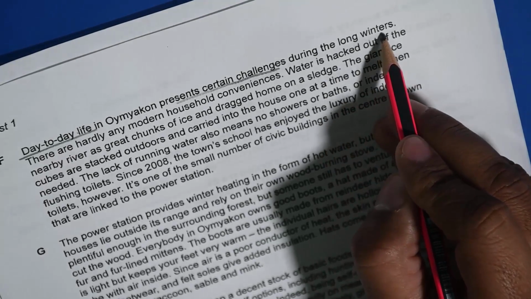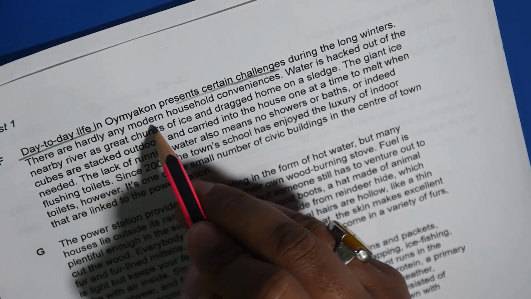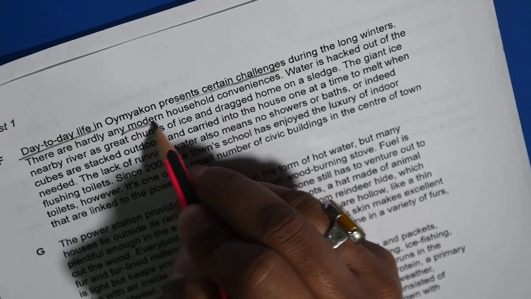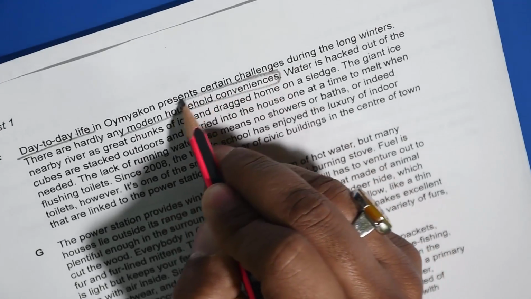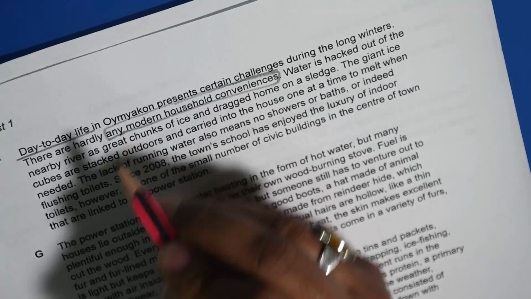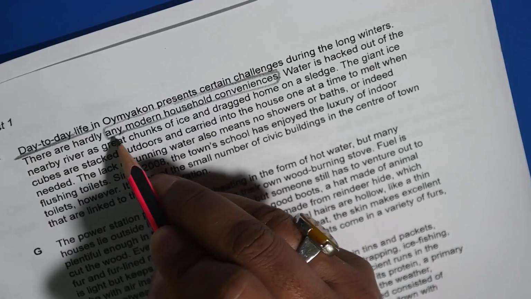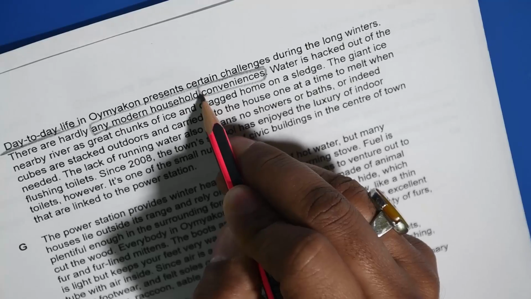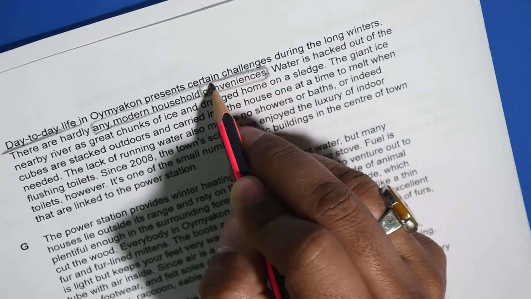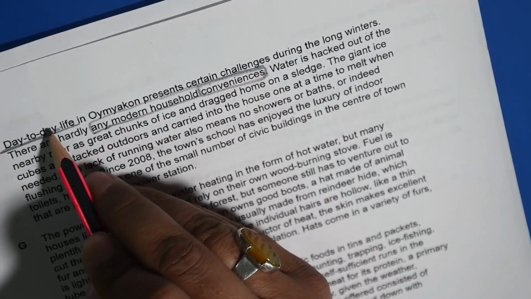During the long winters, there are hardly any modern household conveniences. Very clear. Conveniences means facilities. Facilities of day-to-day life.